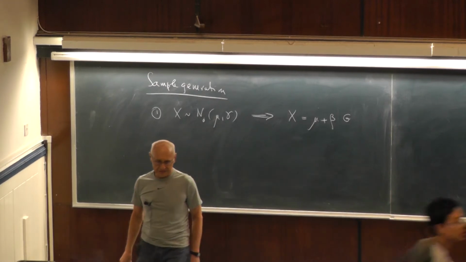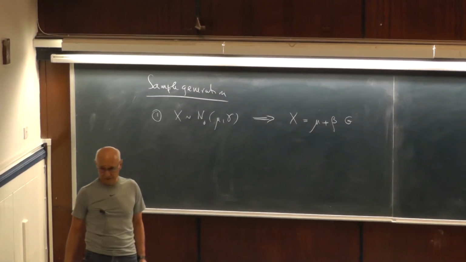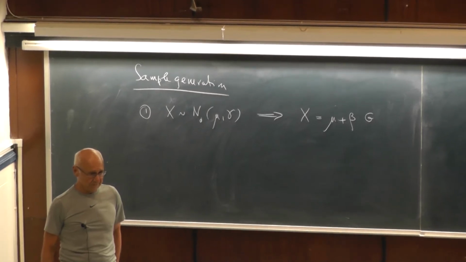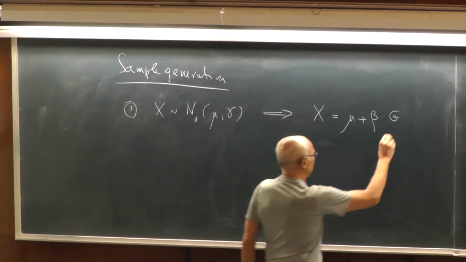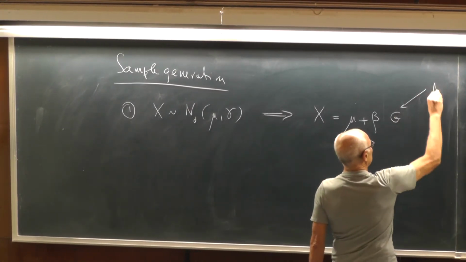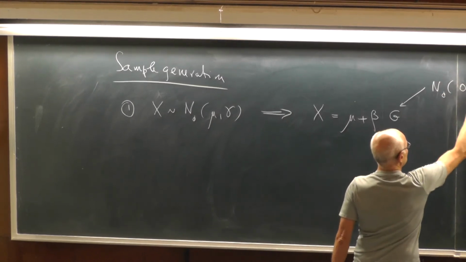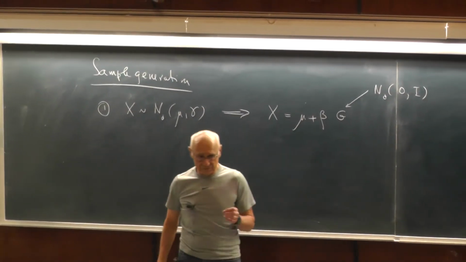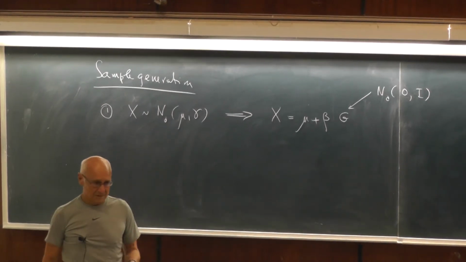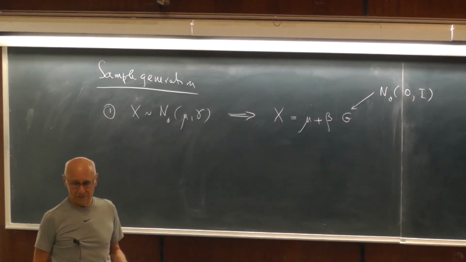And let me tell you what these items are. One is already defined. Mu is a mean vector. G is a Gaussian vector with zero mean and covariance matrix, the identity matrix.